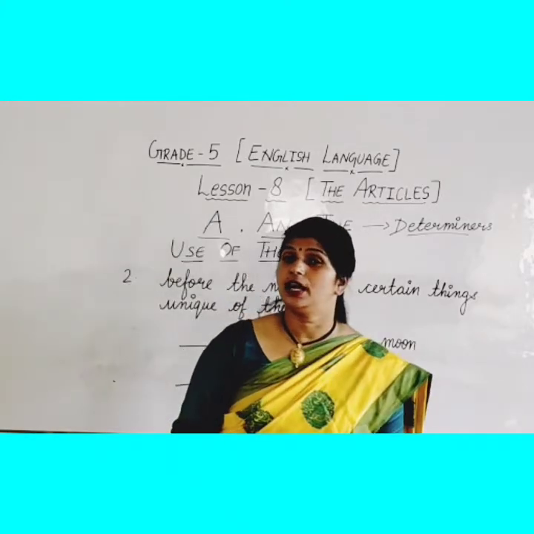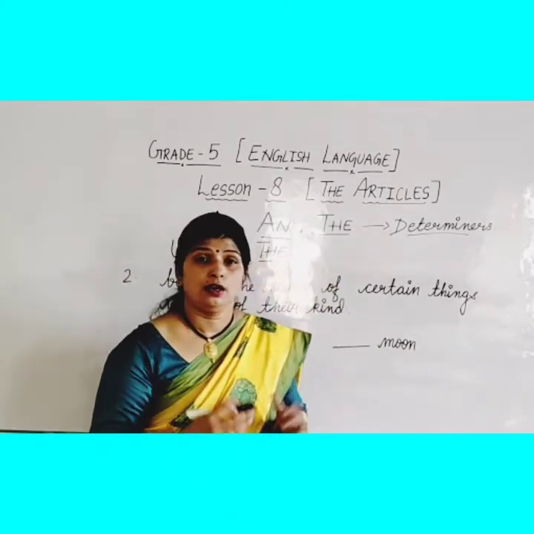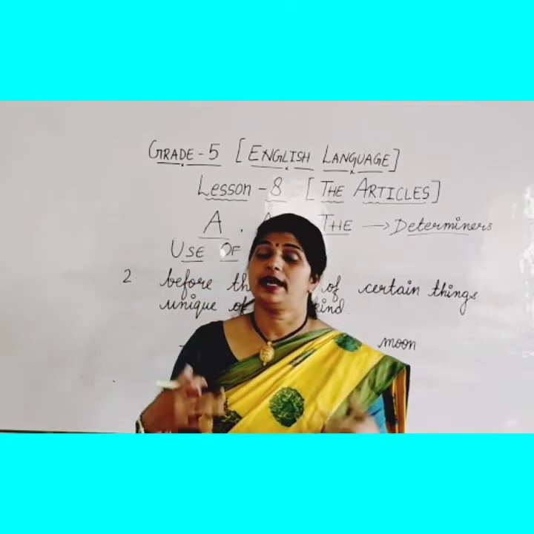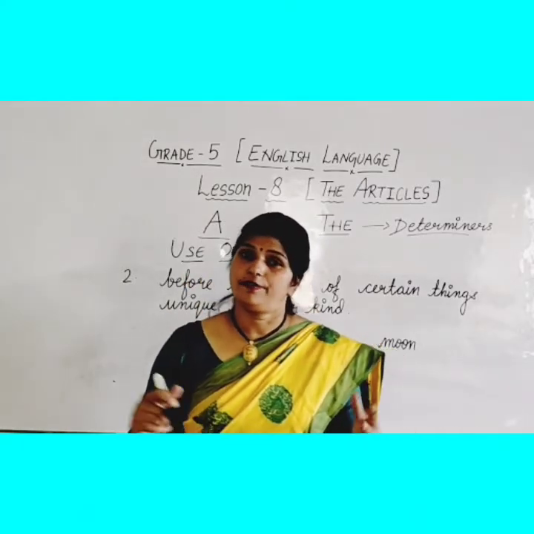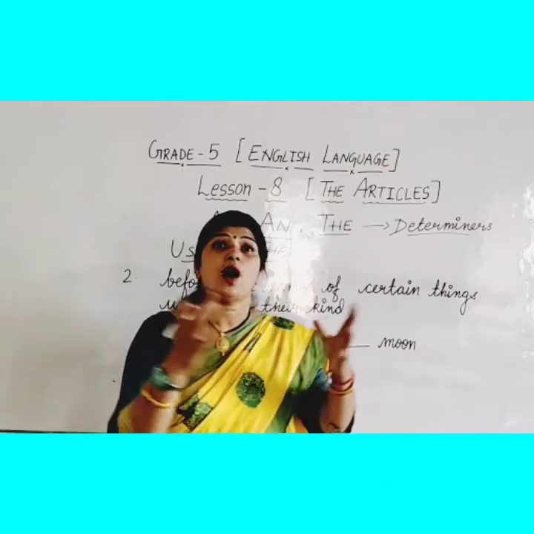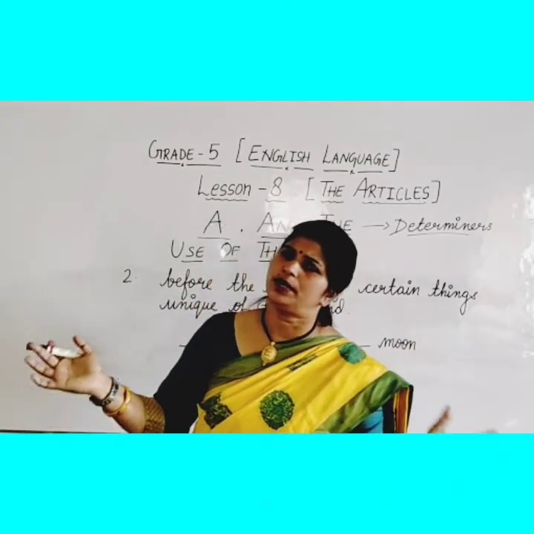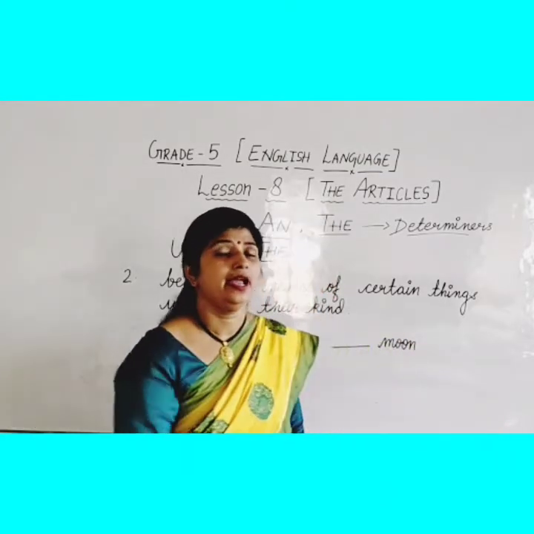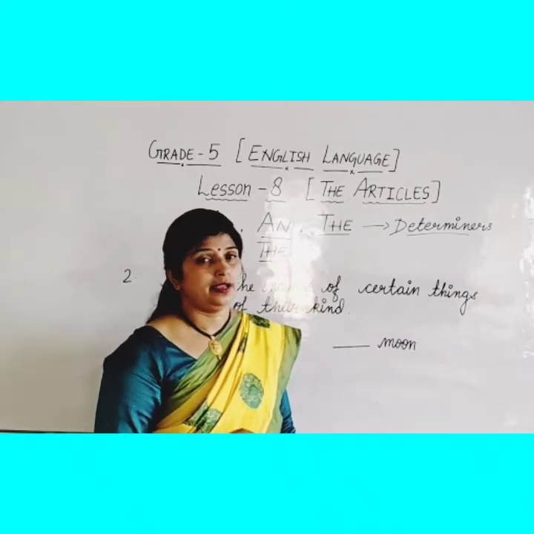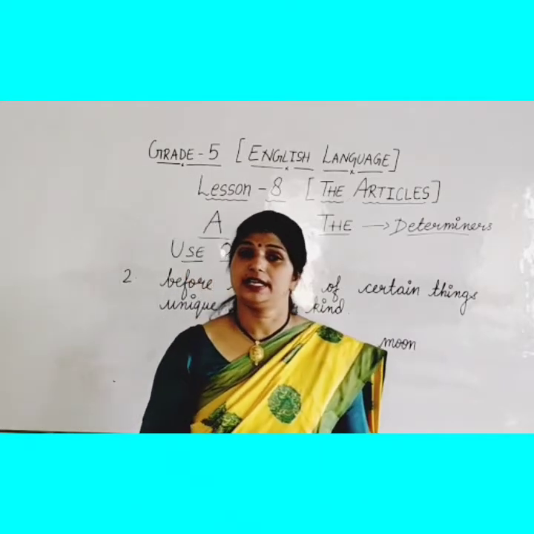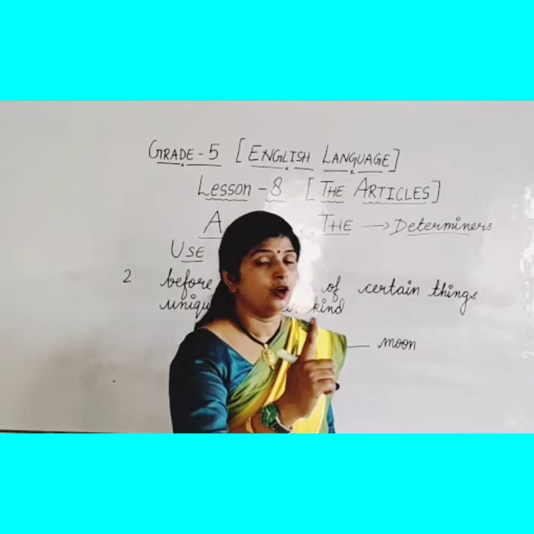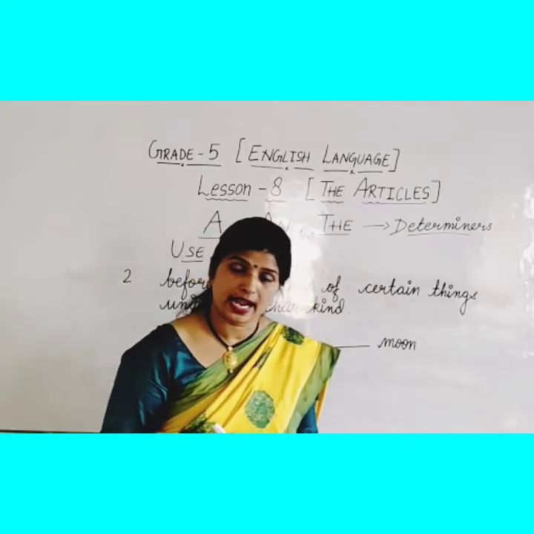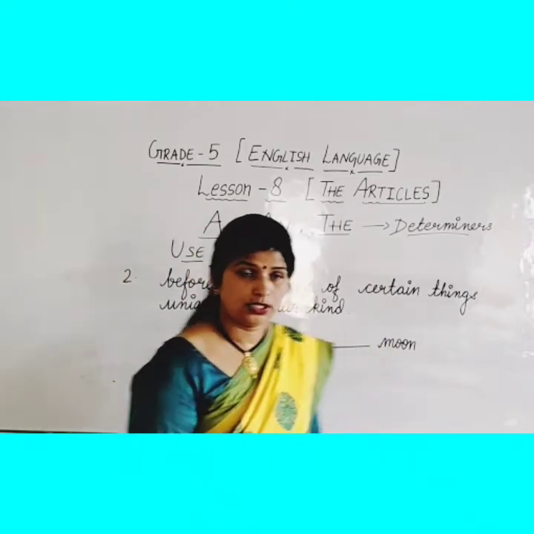So whenever we are talking about any unique thing or any unique noun, or we can say that is only one in the universe, जो पूरे यूनिवर्स में केवल वन है, then that time if it is very unique and it is only one of its kind, then at that time also we use the.